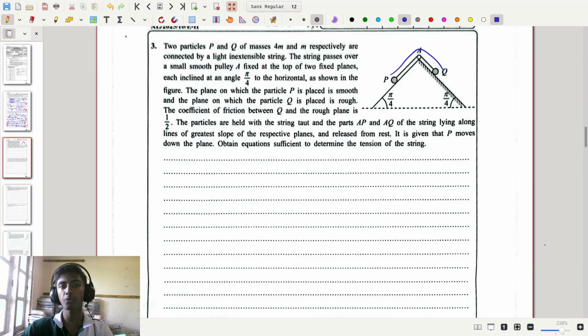Now the question says the plane on which particle P is placed is smooth, meaning that there is no friction, and the plane on which the particle Q is placed is rough, meaning that there is some friction on that plane.